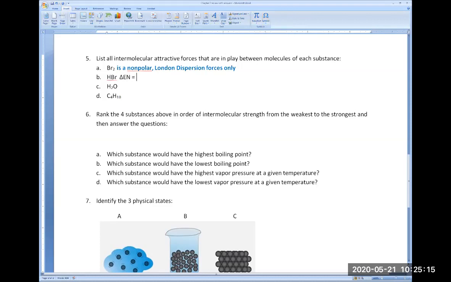It's going to be 2.8 minus 2.1, and that's 0.7. So we have an electronegativity difference between H and Br that is 0.7. So is HBr considered polar or not polar?